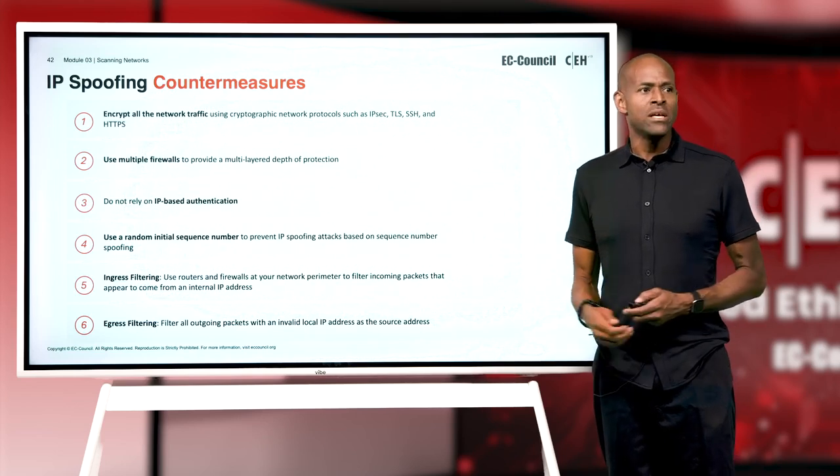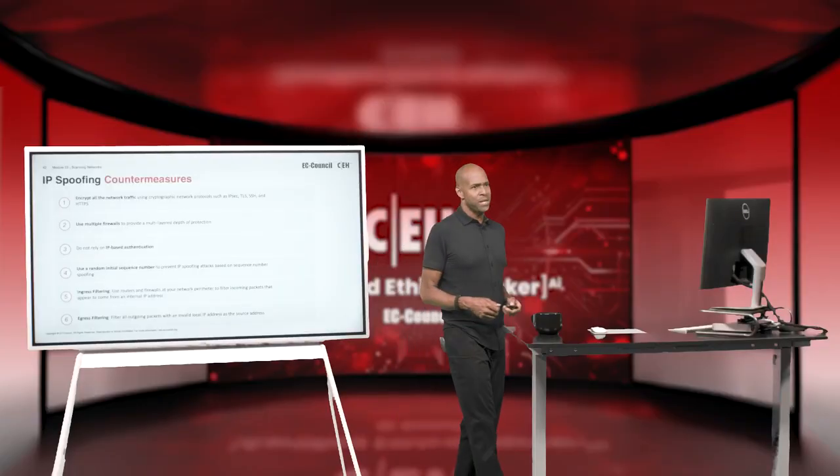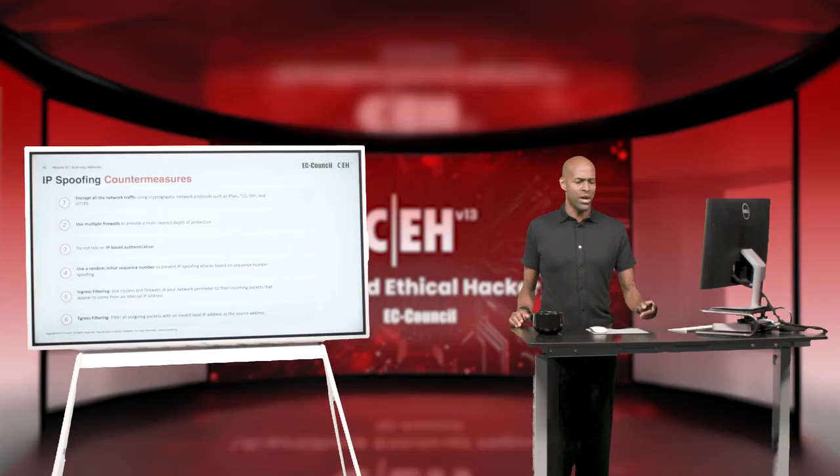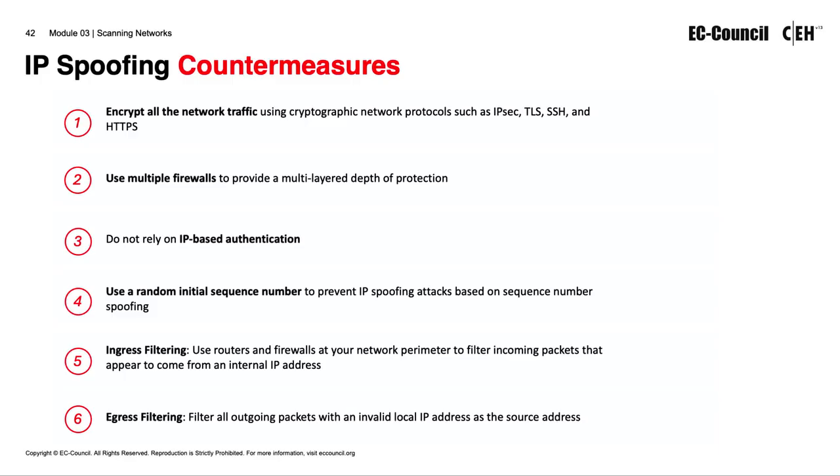All right, so what about countermeasures for IP spoofing? There are many things that we can do. If you look at this slide here, look at number one. What was I saying about countermeasures? And the most important countermeasure of all? Ubiquitous encryption, right? So multiple firewalls, IP detection, authenticate. Hey, look at that.